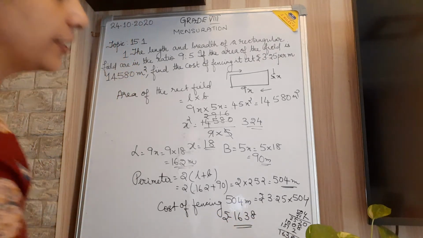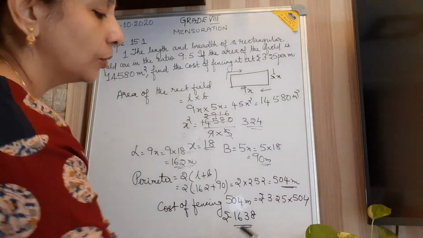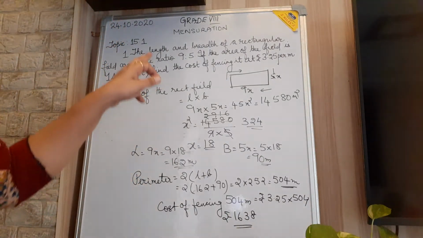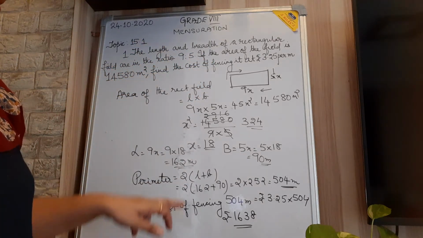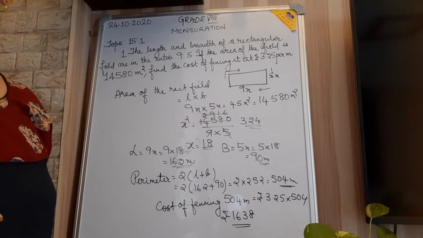So the cost of fencing the whole rectangular field whose dimensions are given in the ratio 9:5 is rupees 1,638. We will go for the next question.